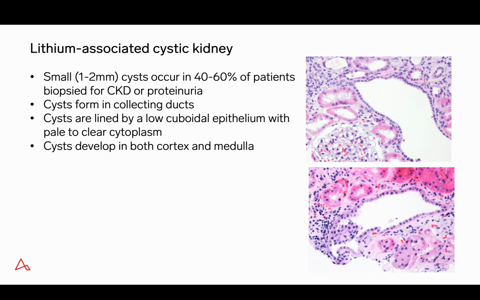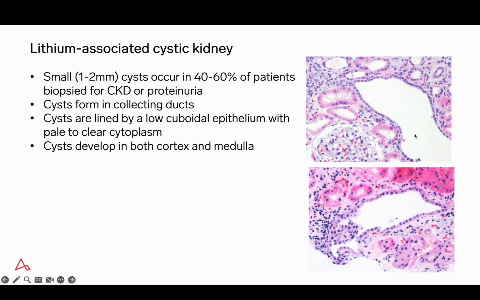The cysts in lithium-associated cystic kidney have a very distinctive appearance. They're usually small, usually 1 to 2 millimeters in size. And these are nicely demonstrated in the two images on right. Notice the cysts are lined by a low cuboidal epithelium.